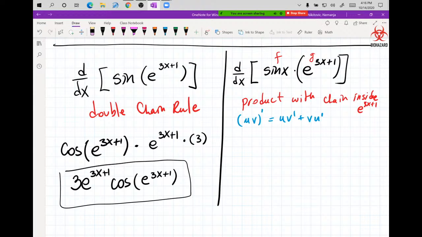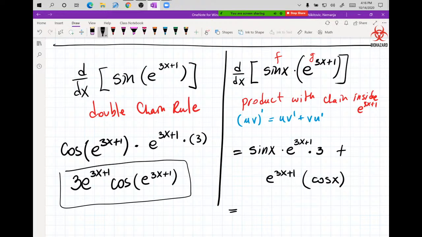So here we go. The derivative is equal to copy the first function, that's sine x. Derivative of the second function, well, that's chain rule. We have e to the 3x plus 1 times the chain, the derivative of what I called the guts earlier, the derivative of that is 3. Plus, copy the second function times derivative of the first function, derivative of sine x is cosine x.